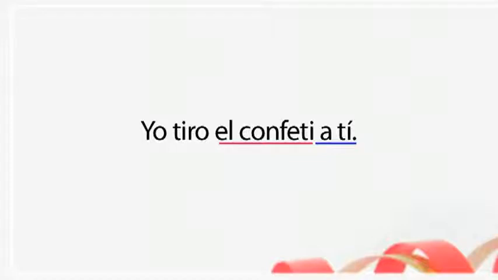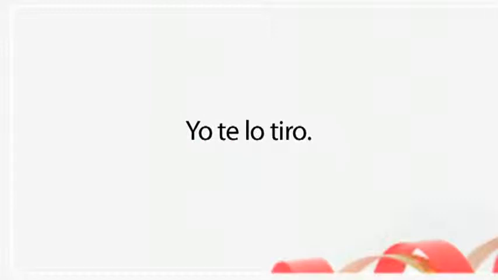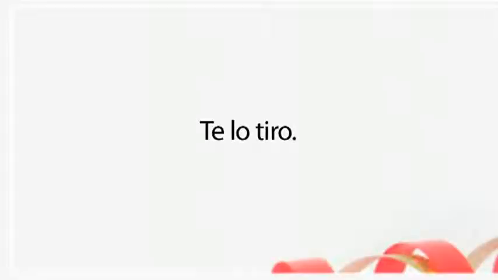Try these on your own. I'll show you the direct and indirect object phrases, so all you have to do is replace them with the pronouns and put them in the right order. Yo tiro el confeti a ti. Yo te lo tiro. And you can make it even shorter by taking off the yo. Since tiro ends in o, you already know who the subject is. Te lo tiro.